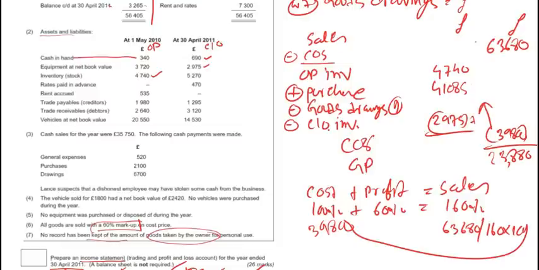This becomes plus, these two become minus. 39800 plus 2975 minus our purchases 41085 and minus 4740. Something is wrong.